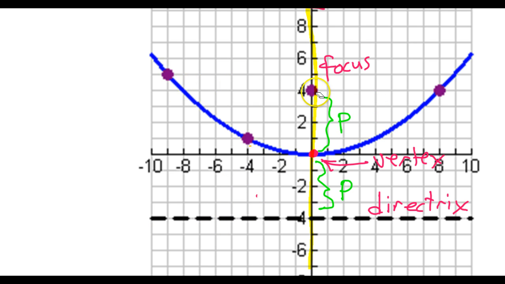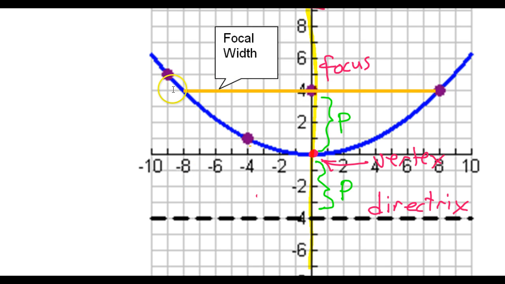And I might as well mention this now because it is about to come up. There's something called the focal width, and that's the width of the parabola at the level of the focus. So the distance from here to here is going to be the focal width. If we call the distance from the focus to the vertex p, then the focal width is always going to be 4 times p.